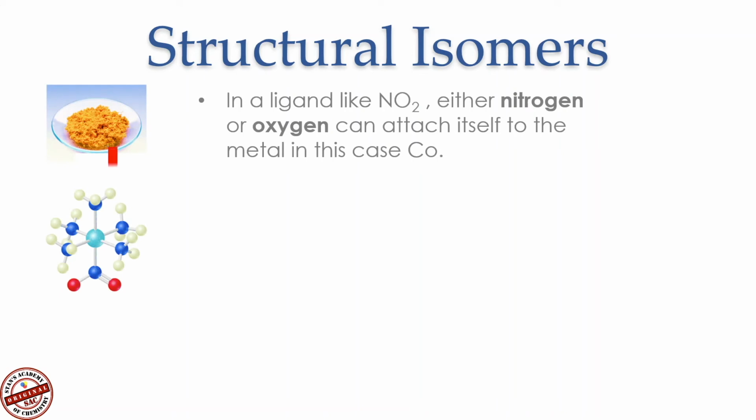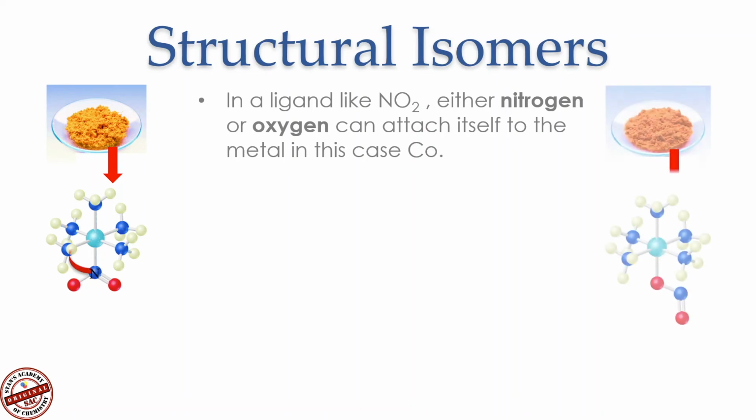So here we have an example of a complex in which one of the ligands is NO2. On the left side you can see a compound that is having a particular color, and if you look on the right side, the formulas of both of these compounds are exactly the same, but one has a slightly deeper color than the other.